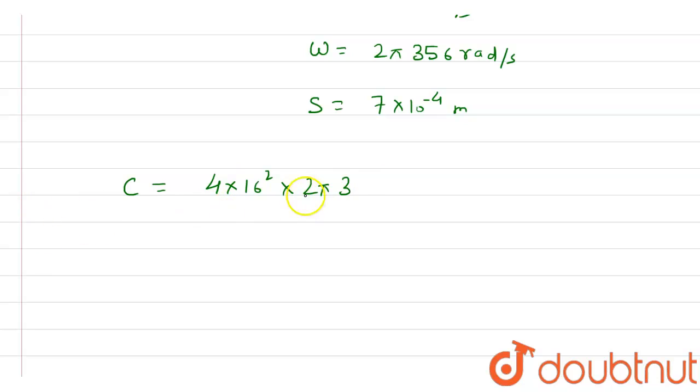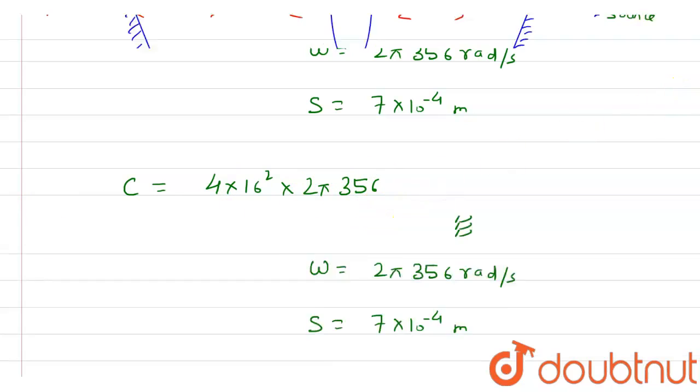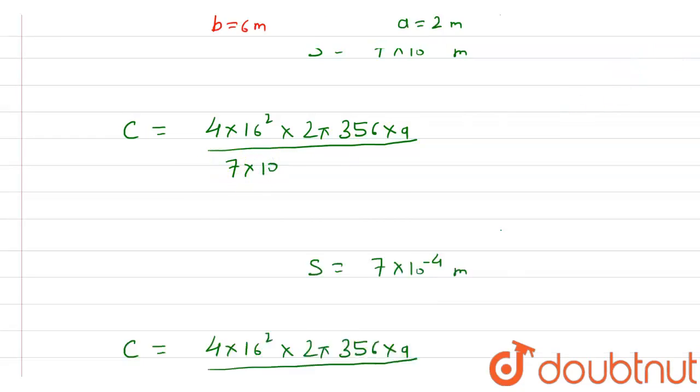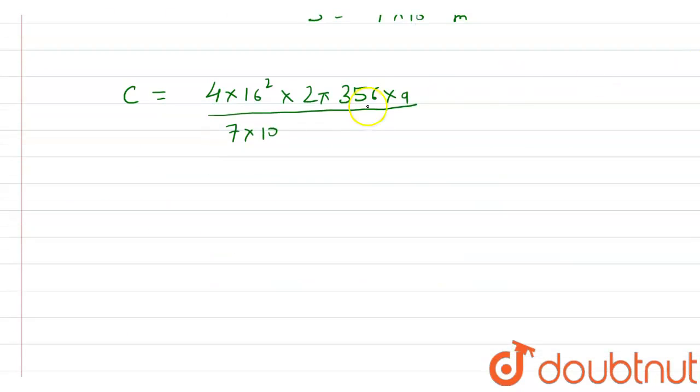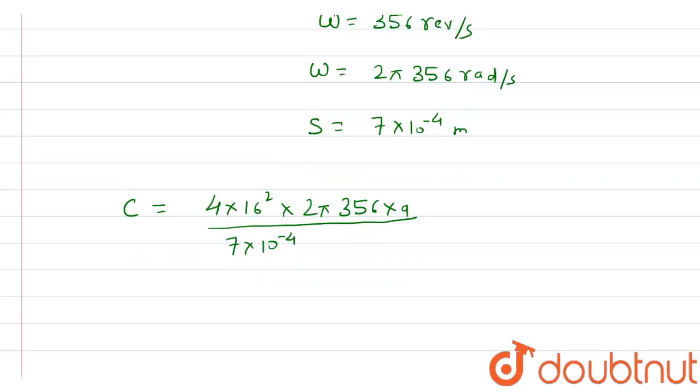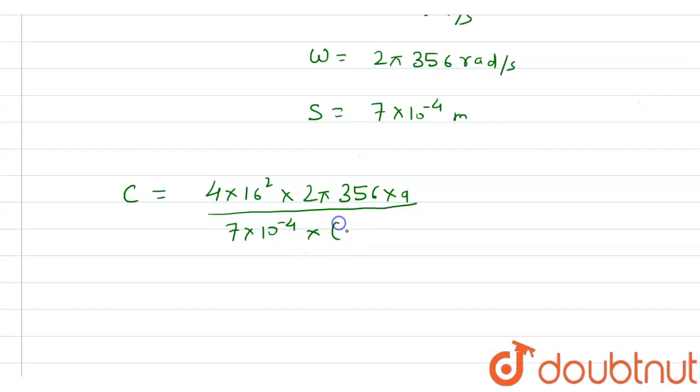And A is given here as 2, so it is multiplied by 2 and divided by the shift. The shift is 7 into 10 raised to the power minus 4 meter. And in the formula R plus B, R is 16 and B is 6, so it is 16 plus 6.